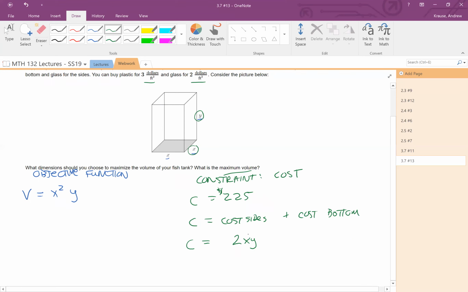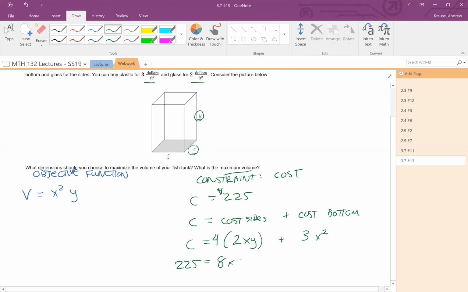So this is the cost of one side. And then we're going to multiply that by 4 because we have 4 of those sides. And then the area of the bottom is x squared, and the cost of the bottom is $3 per square foot. So our cost of $225 is going to be split up between 4 of the sides and the bottom.